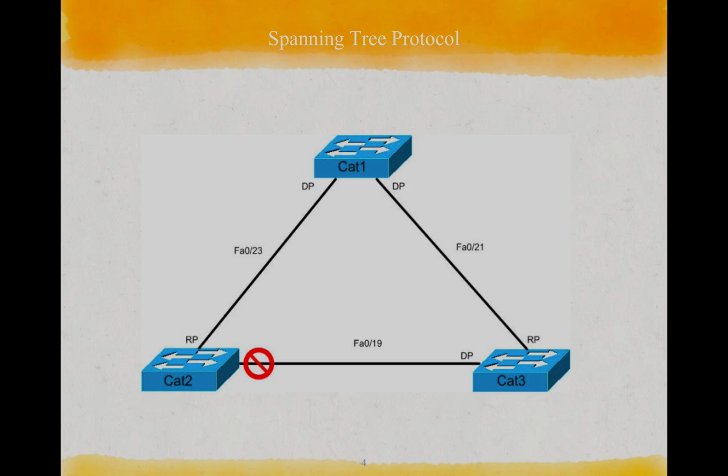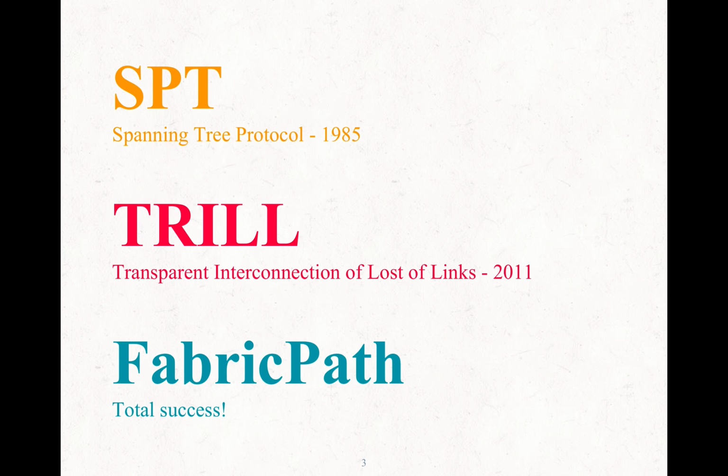To solve that problem, my Wonder Woman, again Radia Perlman, introduced TRILL, which stands for Transparent Interconnection of Lots of Links, in 2011, about 26 years after spanning tree. She's a genius.